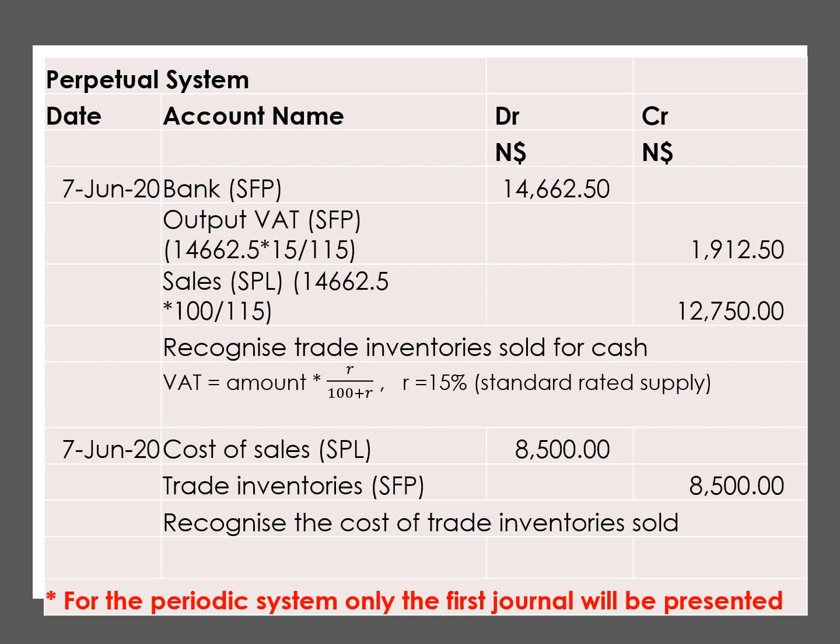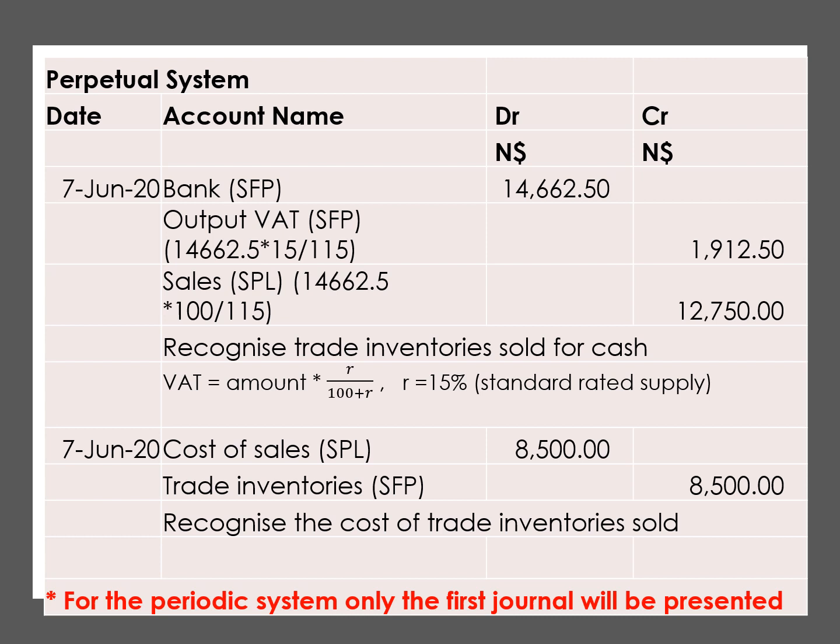Thus, the journal entry to record the sale of inventory is to debit bank with 14,662.5 as bank is an asset, and this is the full amount that we're going to receive. Output VAT will be credited with an amount of 1,912.5 because output VAT is a VAT on sales.